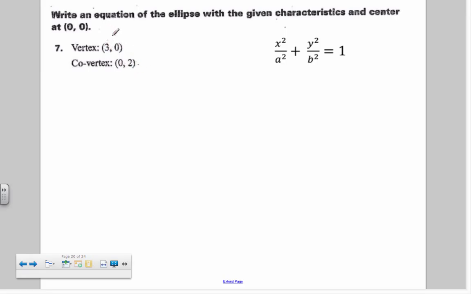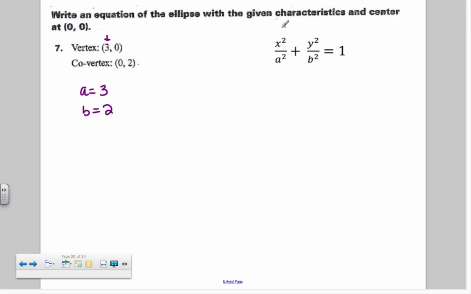Looking at my vertex first, the x-coordinate portion would be my A. Because this is in the x area, I know that my A is under x squared versus under y squared. So I can identify my A as 3. My co-vertex is 0, 2, so I can identify my B as 2.